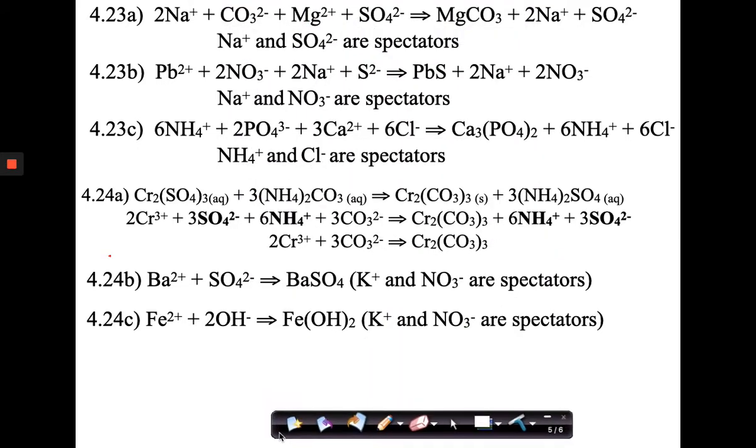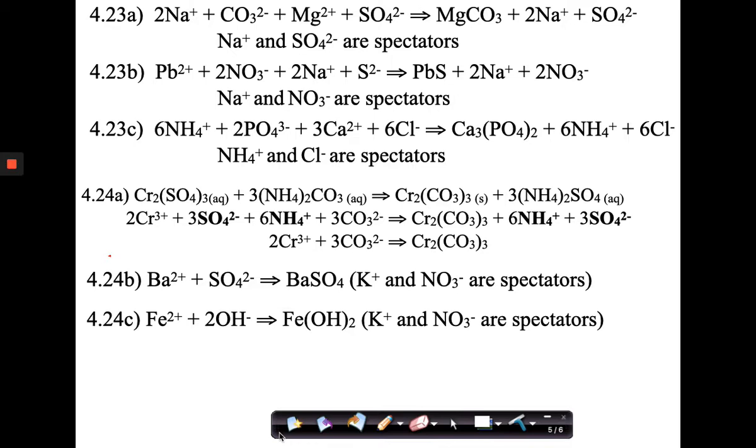Guys, writing net ionic equations is many times the last step in a multi-step process. You're figuring out the reactants and products. You're identifying spectators. You're getting rid of those. You're coming to net ionic equations. Guys, let me lay a little nugget in your lap that I think you're going to find will help. And this is all about solubility rules.